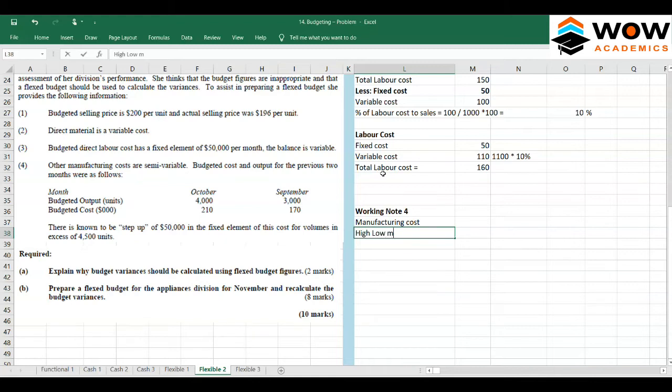high-low method for semi-variable cost. So how do you work out the high-low method? The first one is variable cost per unit equals high cost minus low cost divided by high units minus low units.